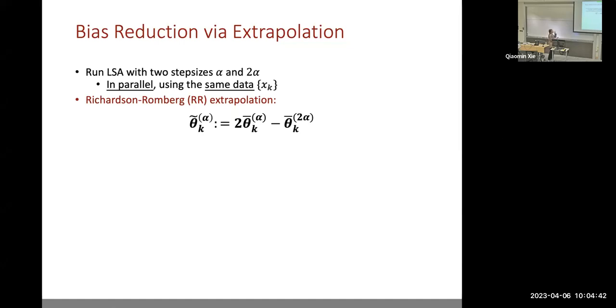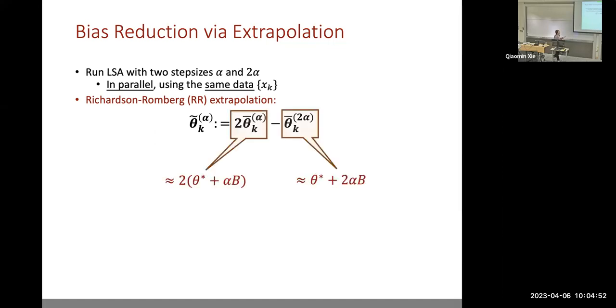So first, Richardson extrapolation is actually a de-bias technique used in numerical analysis, but it's not used so much in the machine learning community yet. For each iterate, we know the bias is roughly proportional to the step size. So the first one, we have the bias proportional to alpha.